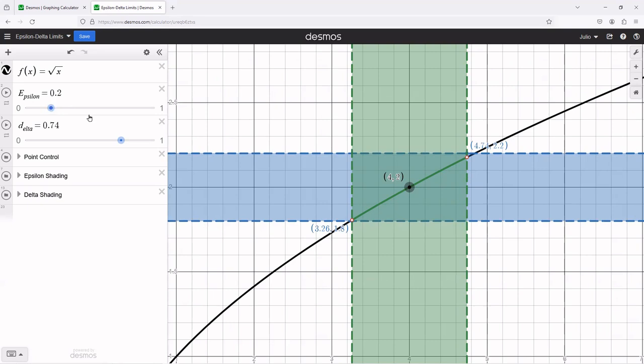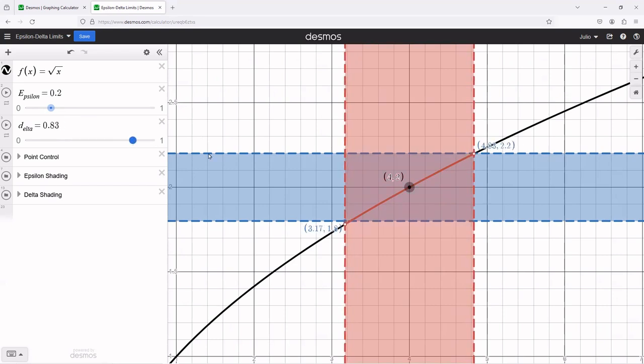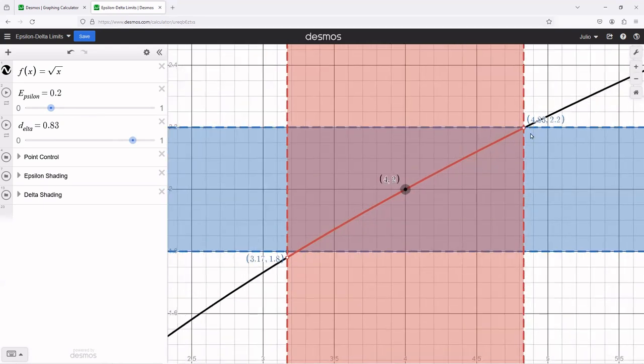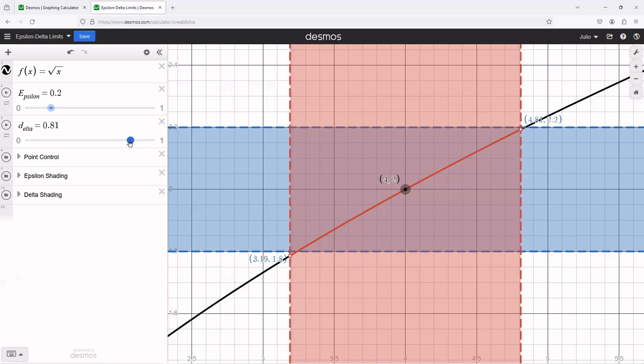If I make my epsilon 0.2, I need to make a delta that is small enough, so my horizontal box is small enough that it contains my outputs. If I make it too big, you see what happens: my y values aren't contained. This one extends way too far. It's not inside the blue box. There's got to be a value somewhere really close.